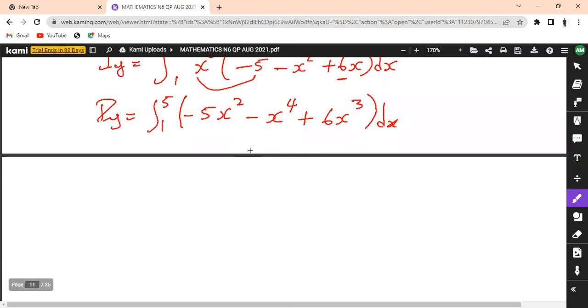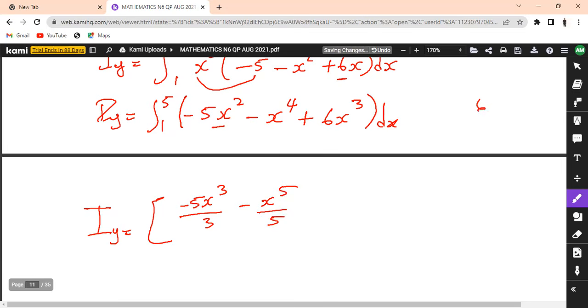So if we integrate this, let's just integrate and see what you're going to have. This is minus 5x, you add 1 to the exponent, so it's minus 5x to the exponent of 3 over 3. If we add 1 here, it's going to be 5, so it's minus x to the exponent of 5 over 5, and this is 4, so it's going to be 6x to the exponent of 4 over 4.